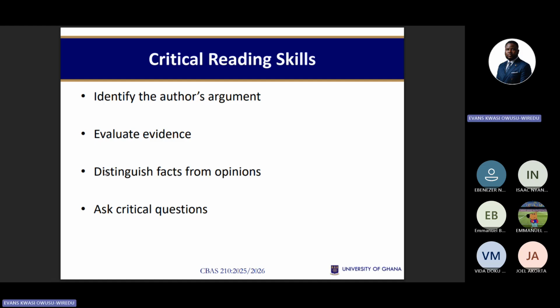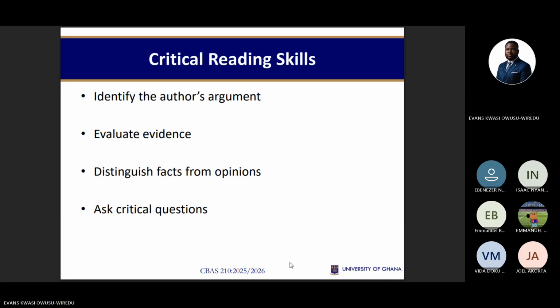These are very important to identifying what we need to learn when we are engaged in academic articles.